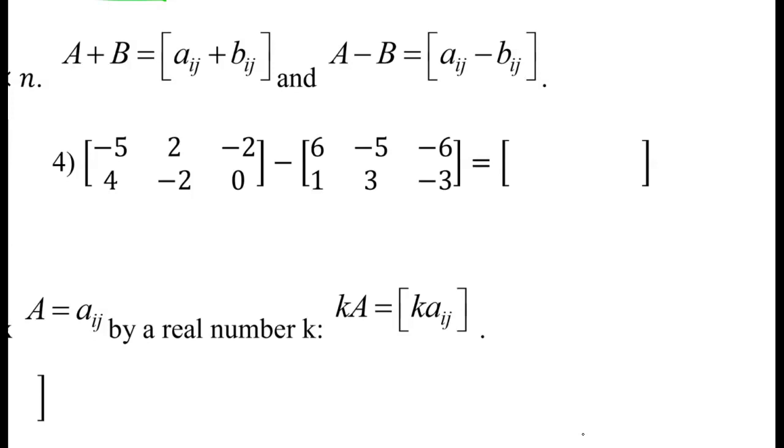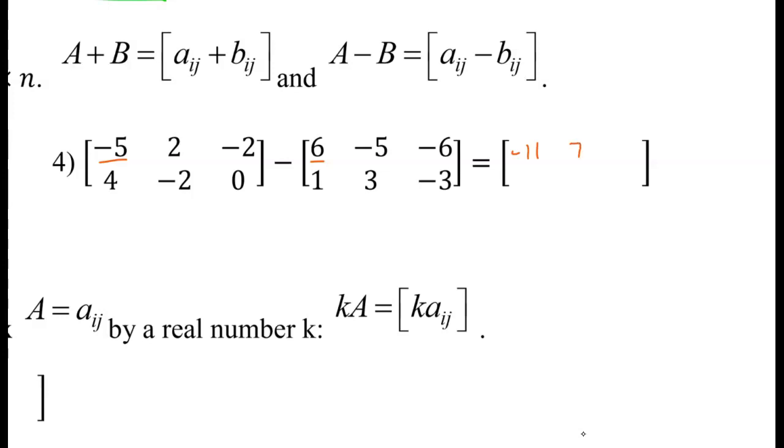So what is my row 1, column 1? Yes, because I do -5 minus 6. What is my row 1, column 2? Yes, because we have 2 minus -5, which is 7.